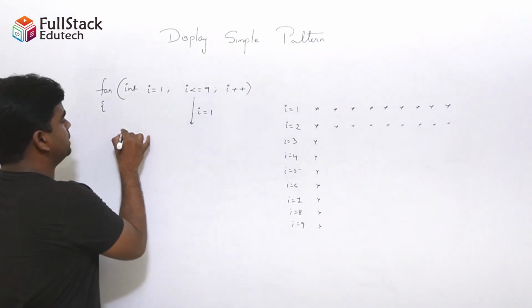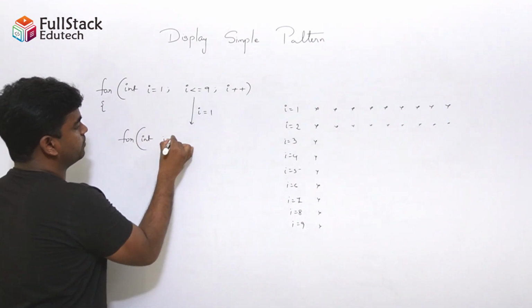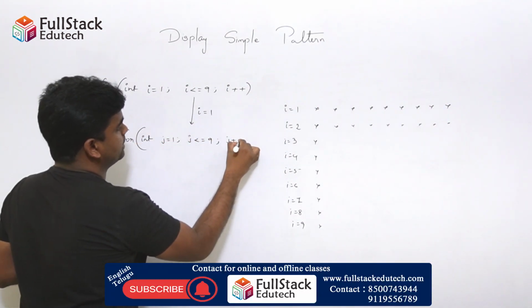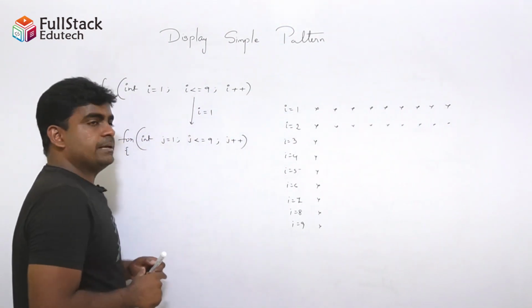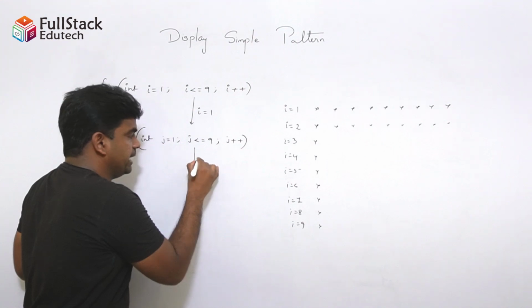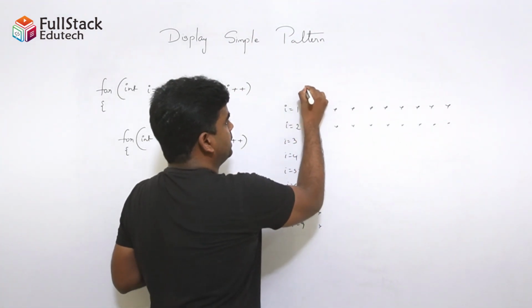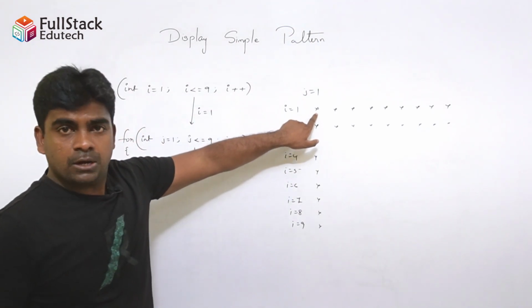We take another loop: for j = 1, j <= 9, j++. First, it will come inside with the j value 1, so this star will print only one time.